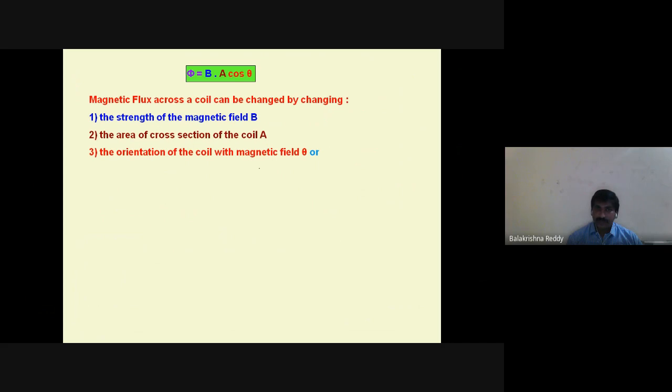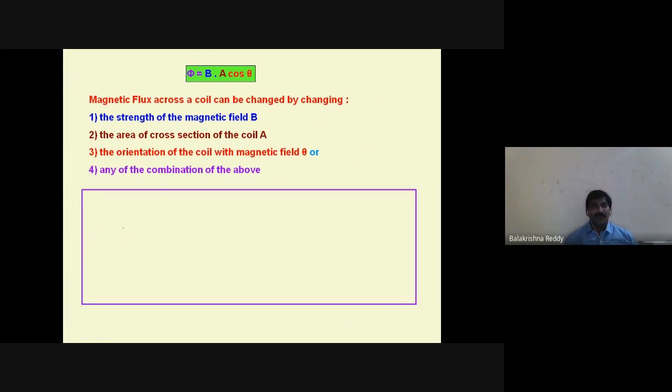If there is more area, then more change comes. Any combination of the above can also change it. For example, if the strength of the magnetic field and area change, and the angle also changes, the amount of flux transferring through the coil will also change, right? So these are all factors that affect the flux around the coil.